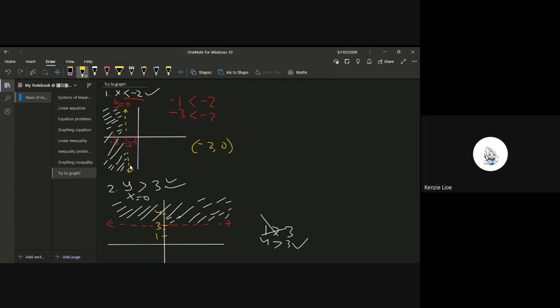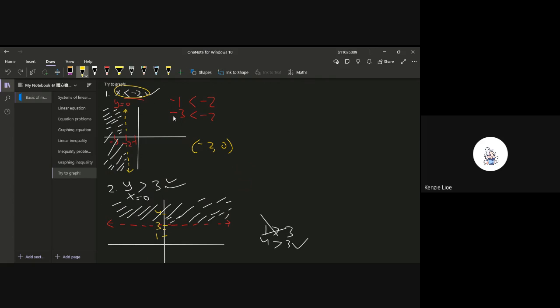And then we have to find the part that satisfies this equation. Basically you find the true one, because as you can see we can take one point from the left and one point from the right.